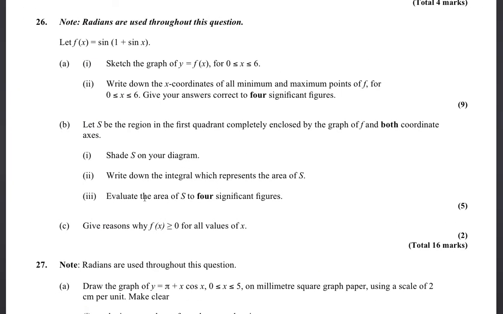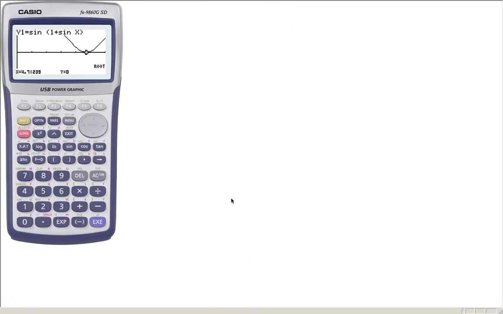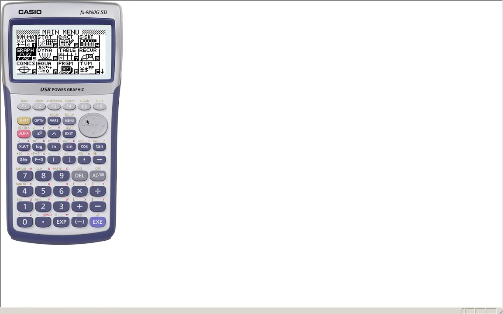And evaluate the area of S to 4 significant figures. So let me use 4.712. So let me use sine of 1 plus sine x, close the bracket.